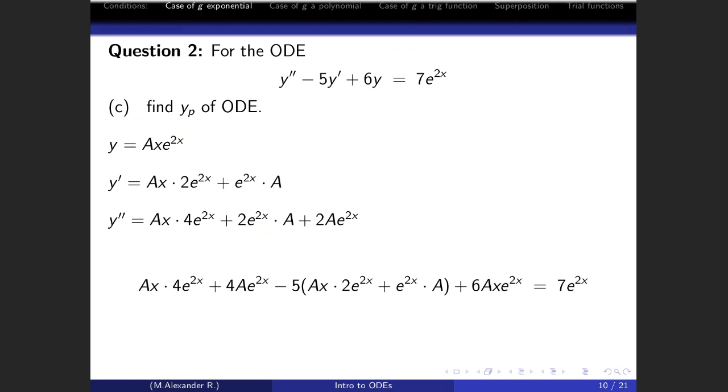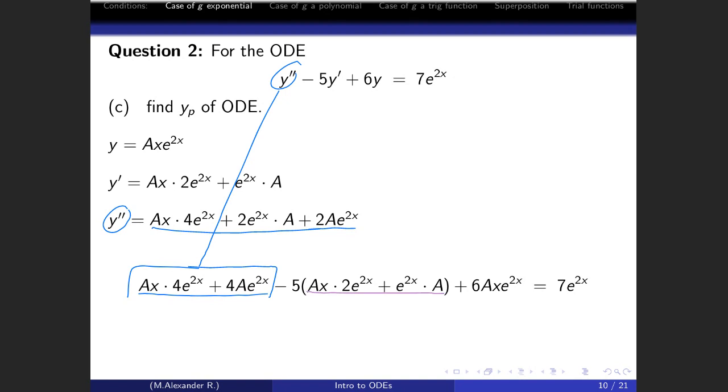Let me underline a few things here. This part is my second derivative. That's my y double prime that I'm plugging in here. The stuff inside the parentheses in purple is my y prime, and that is what I'm putting next to the -5.